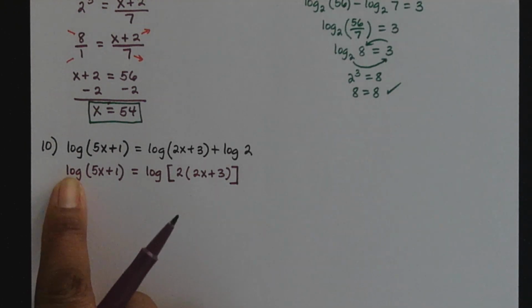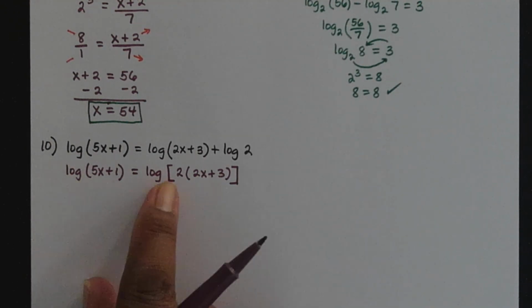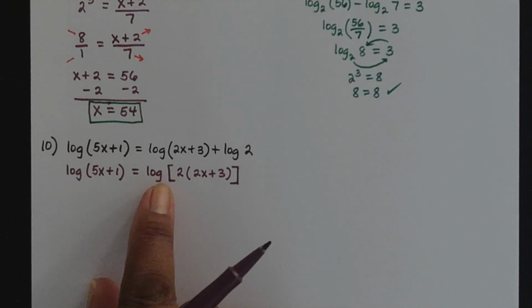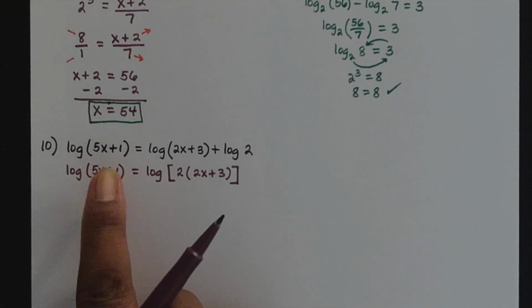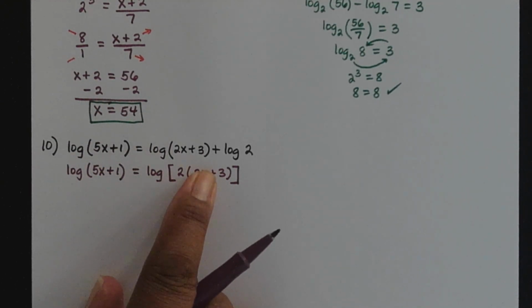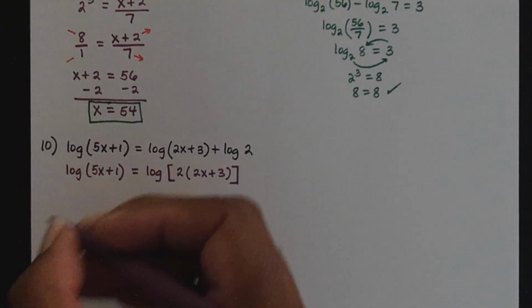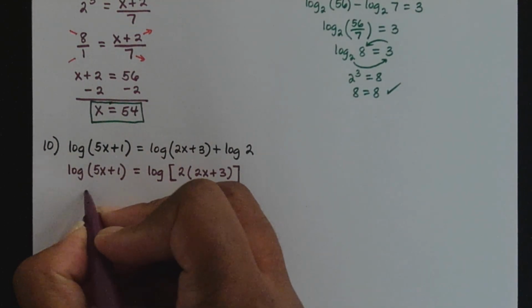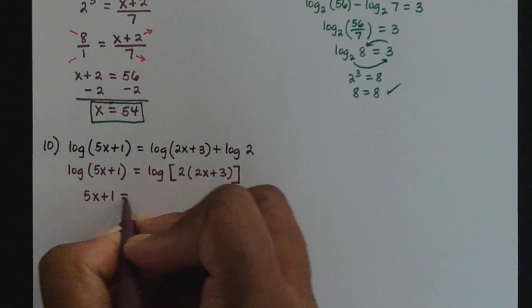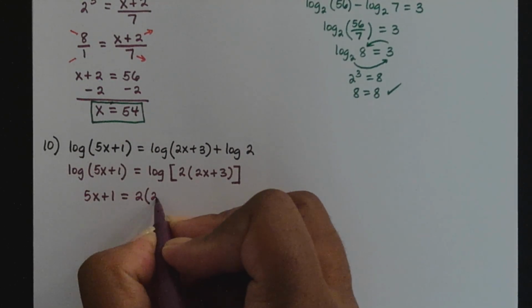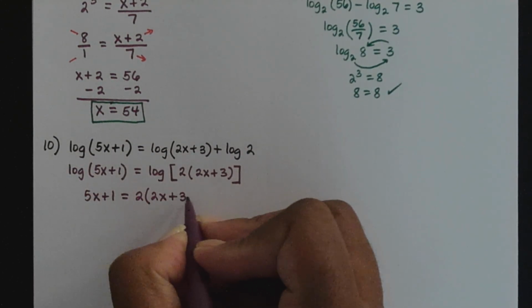Notice I have log to the understood base 10 on the left side and log to the understood base 10 on the right side. That means I can set this expression to be equal to that expression. So I can set 5x plus 1 to be equal to 2 times the quantity 2x plus 3.